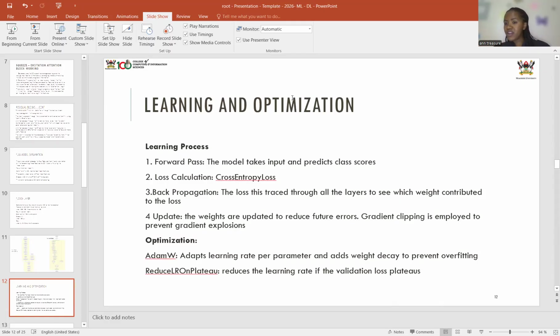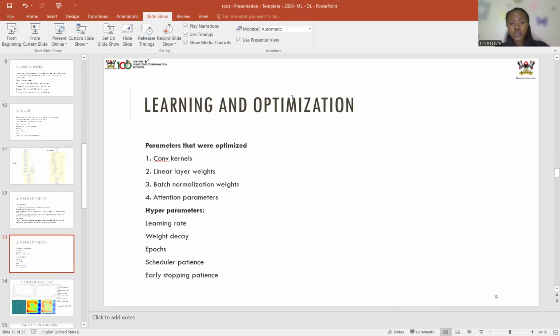If you have the same validation error across a number of epochs, this is where the reduce learning rate on plateau scheduler comes in. So we have the learning and optimization, the parameters that were optimized: the convolutional kernels, the linear layer weights, the batch normalization weights, and attention parameters. And then we have hyperparameters that are also adjusted.